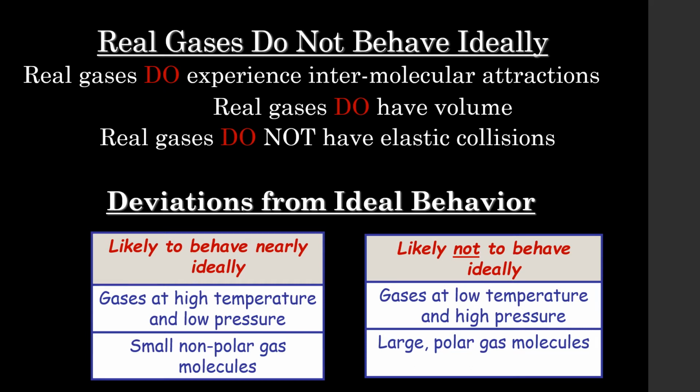So there are changes from ideal behavior. Gases are likely to behave ideally at high temperatures and low pressure, and if the particles are small and non-polar, like neon. They're not likely to behave ideally at low temperature and high pressure, or if the molecules are large and polar.